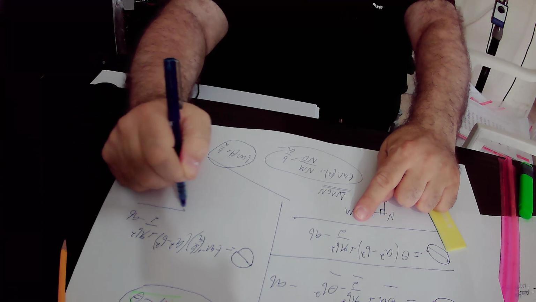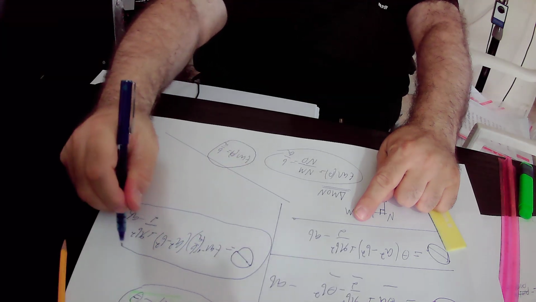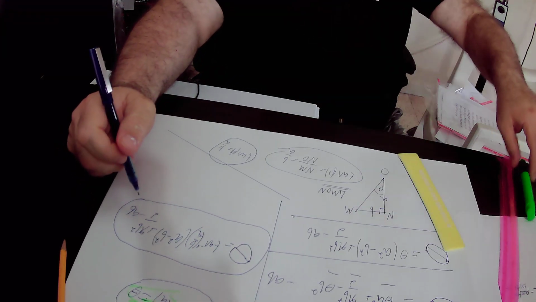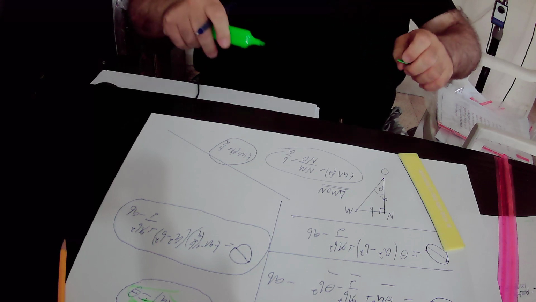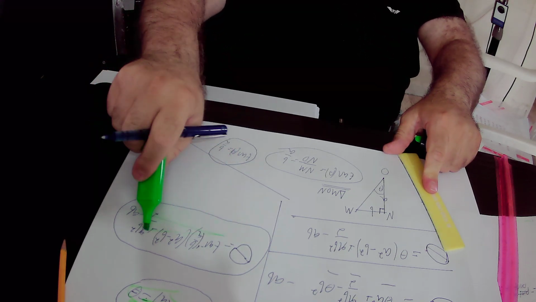So actually we found the general formula for the area of any lens.